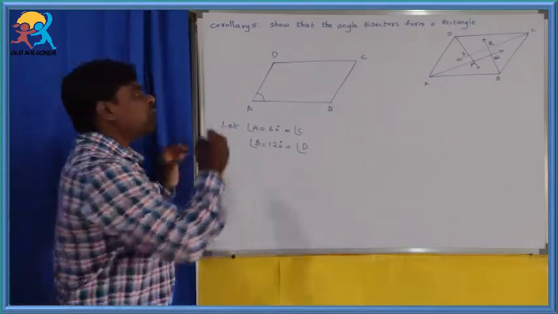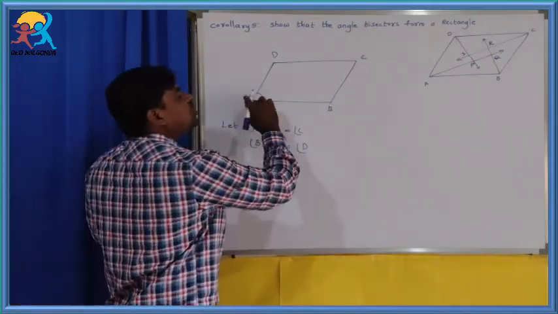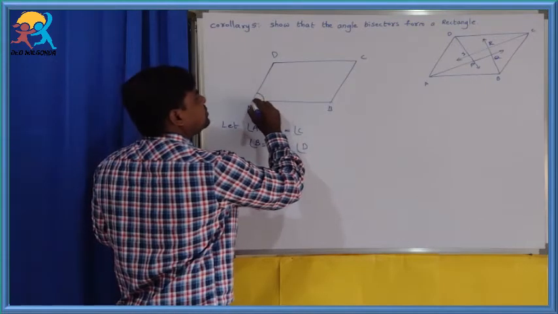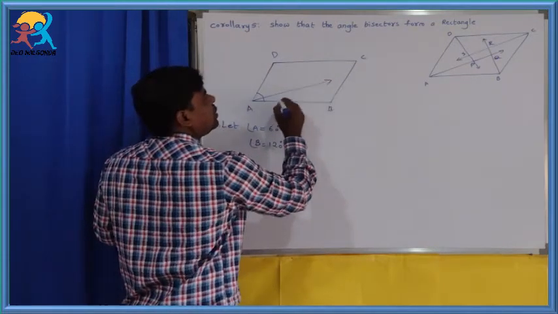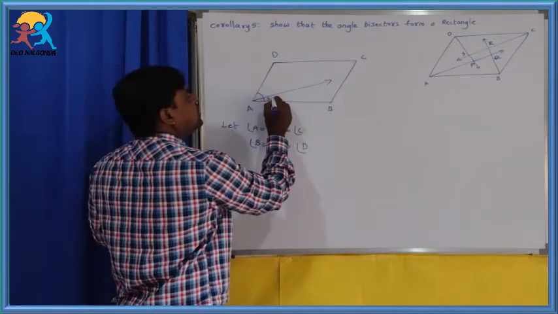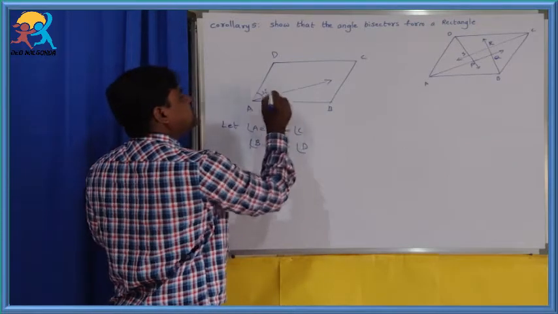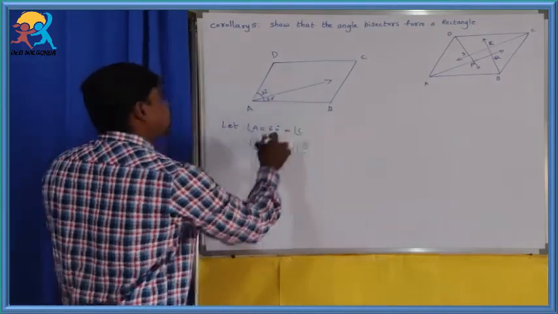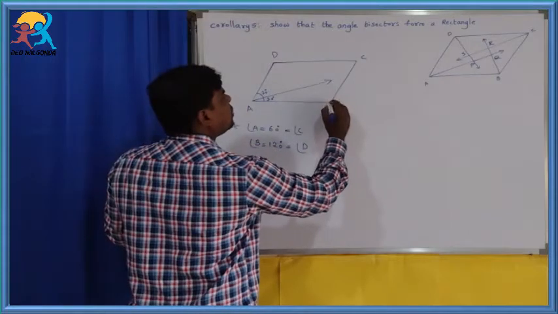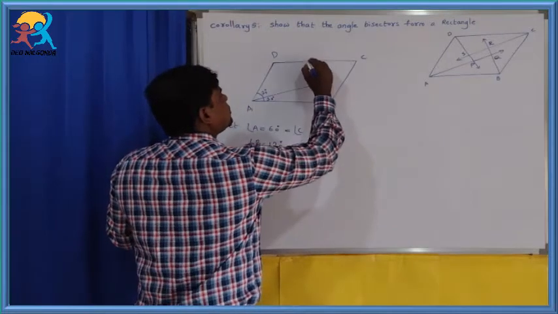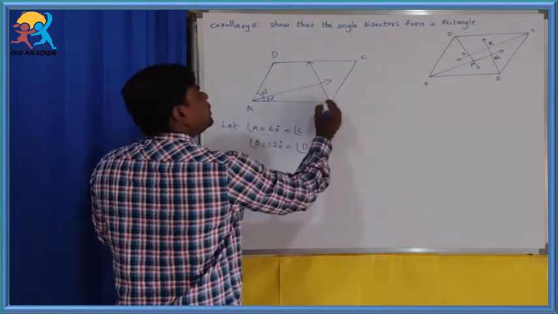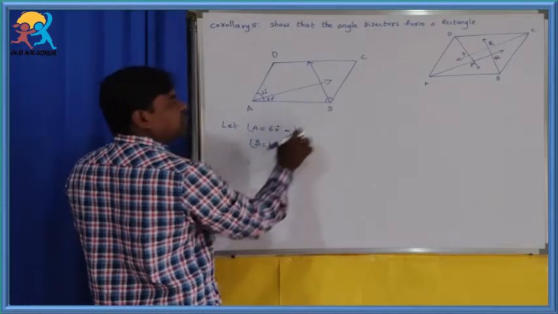After getting this, we have to draw the angle bisector of angle A, that is, now we get 30 degrees, here 30 degrees, and angle B is 120 degrees. So, for this also we have to draw the angle bisector. Here we get, actually this is 120 degrees.